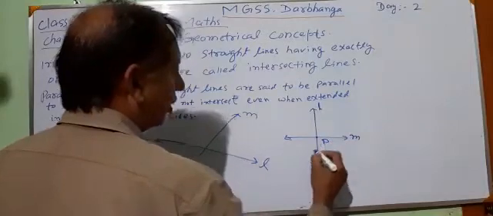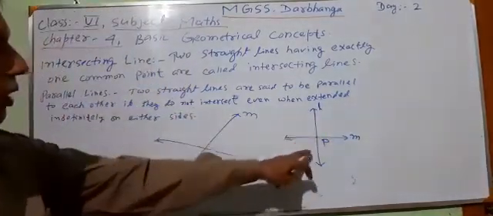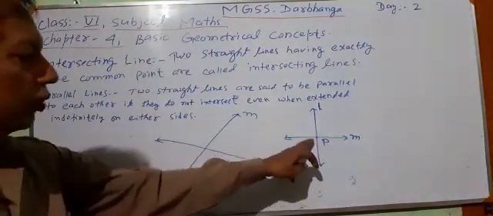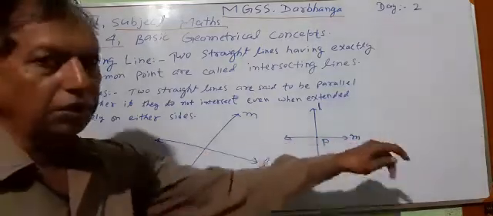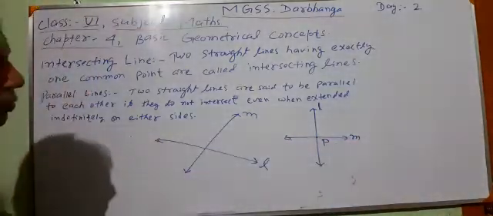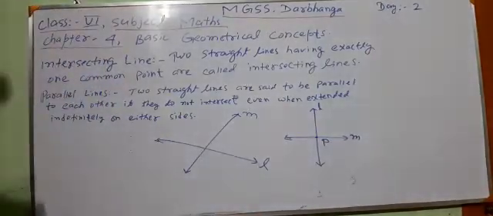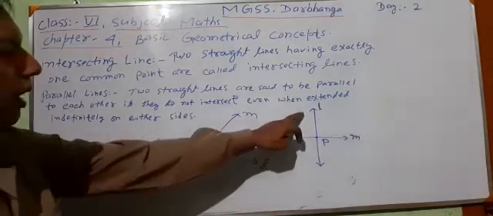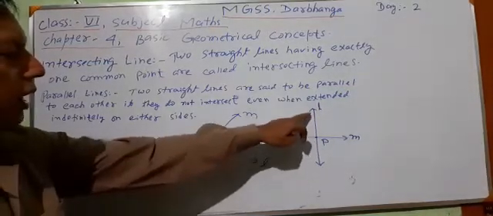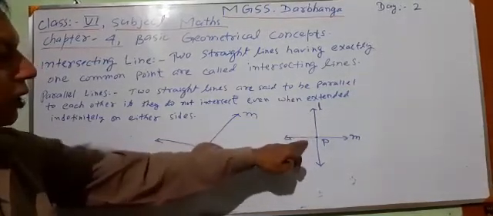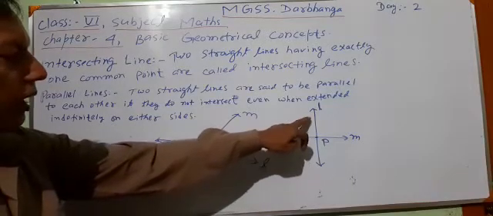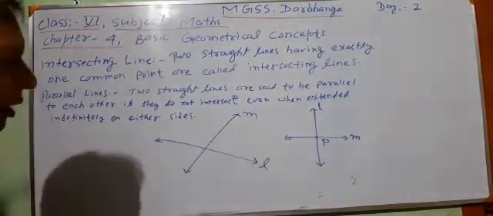This is a common point P through which line L is passing, and through this common point P, line M is also passing. So this point P is a common point of lines L and M. So if two lines pass through a common point, then lines L and M are said to be intersecting lines. Here L and M are intersecting lines.